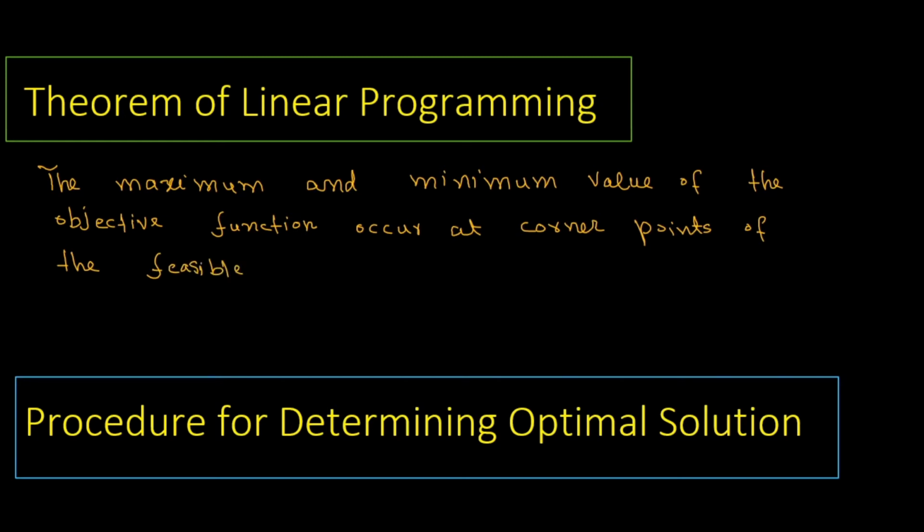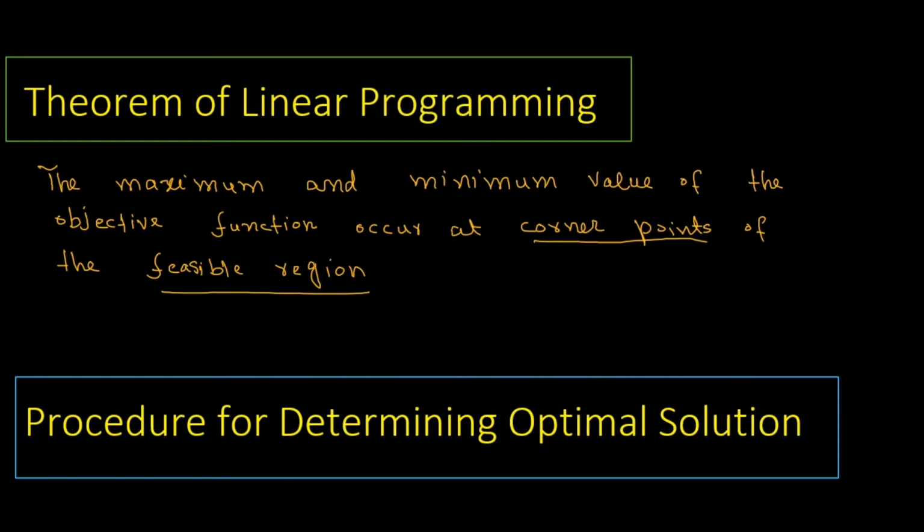So the statement of the theorem also describes the maximum and minimum value. The maximum and minimum value of the objective function occur at the corner points. Remember that the region here is the feasible region.